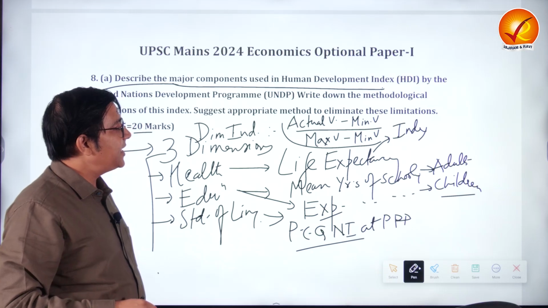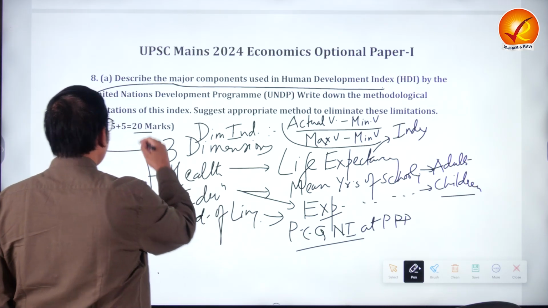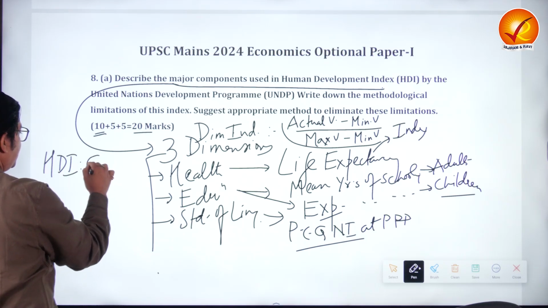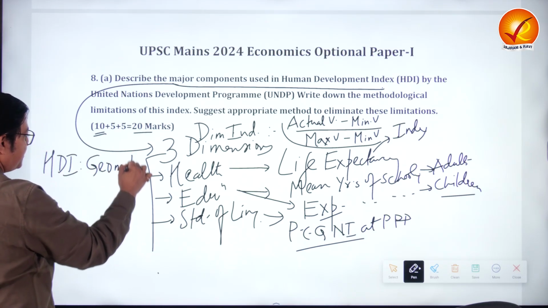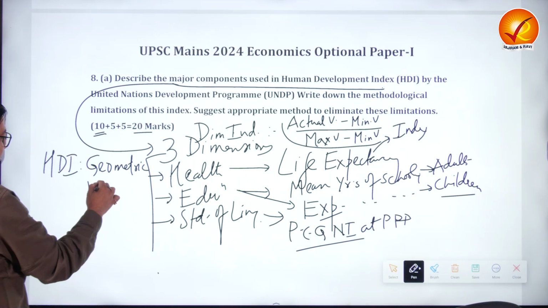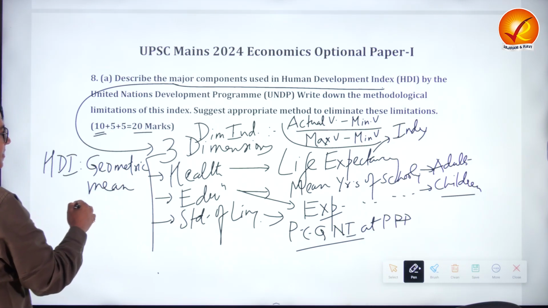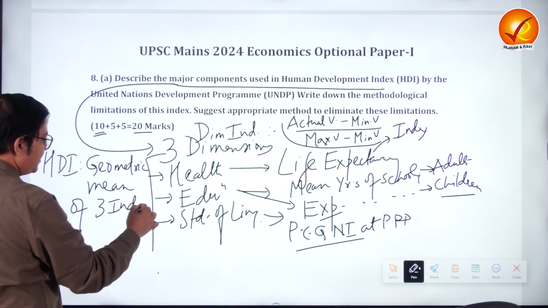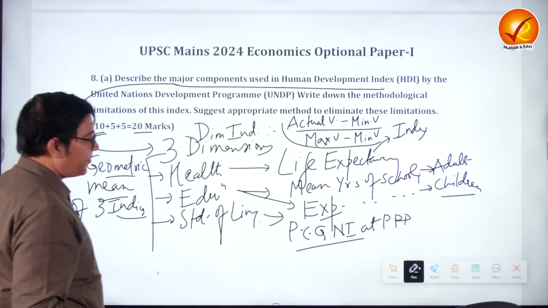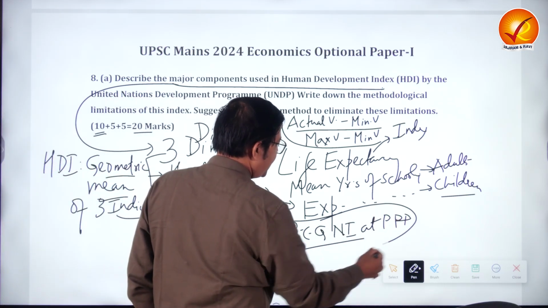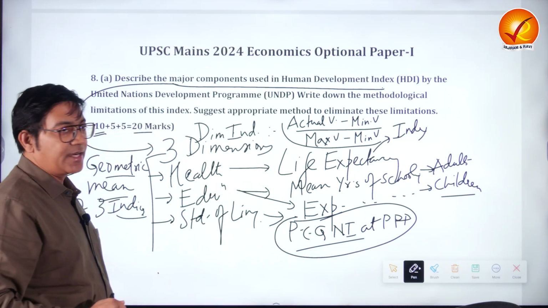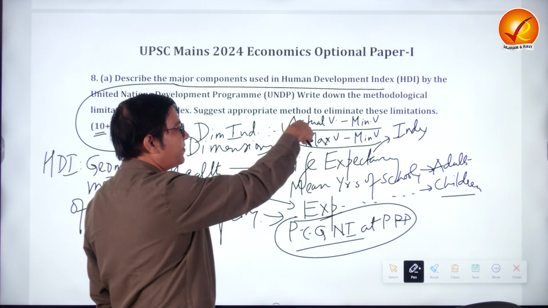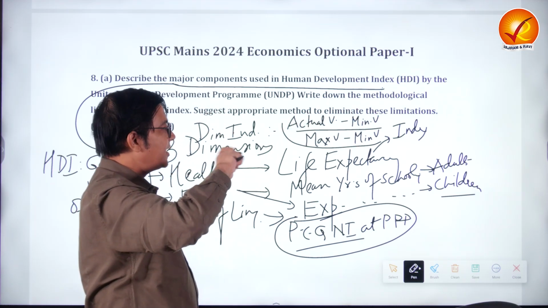So this is the method, and then what they do is take the HDI as the geometric mean of the three indices. One more thing I forgot to tell: when they calculate the index for standard of living, it is not actual minus min, but log of actual minus log of min, and so on.